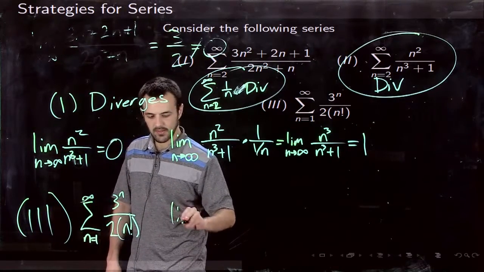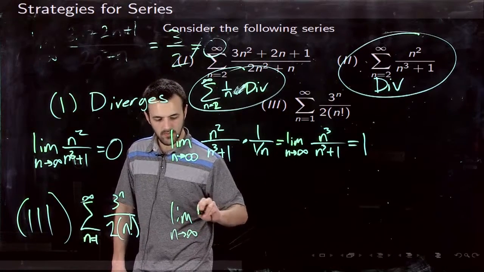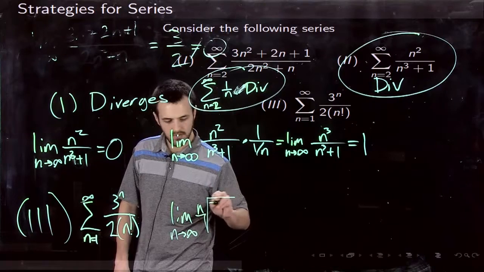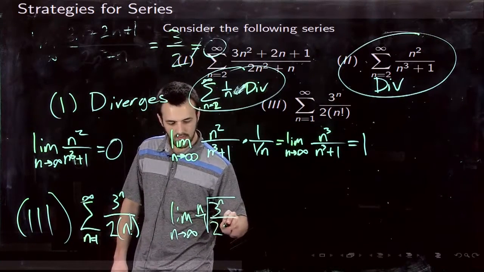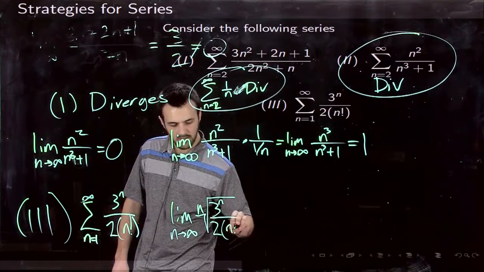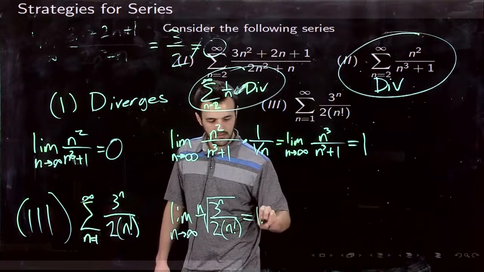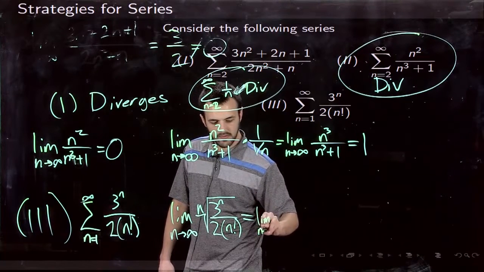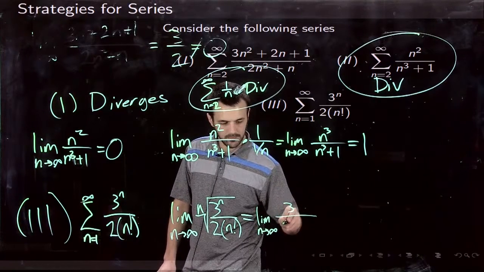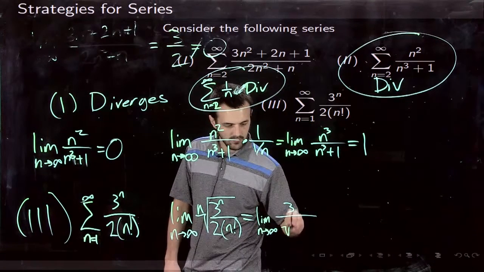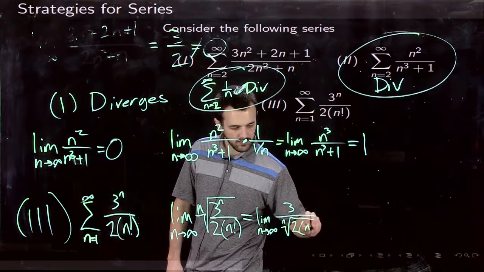We take the limit as n goes to infinity of the nth root of the terms. It's going to be the limit as n goes to infinity of 3 over the nth root of 2 to the n factorial.